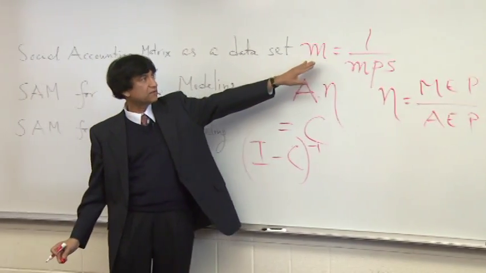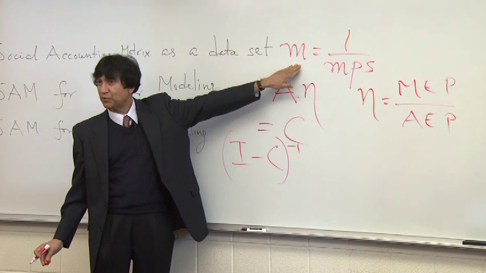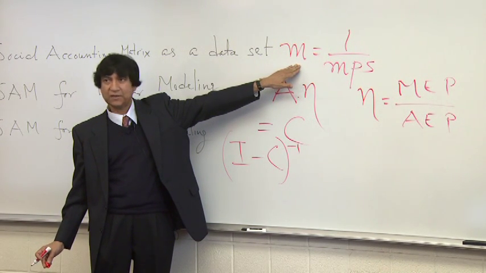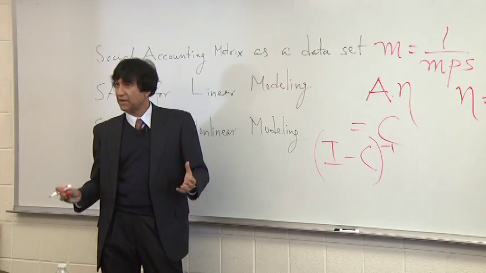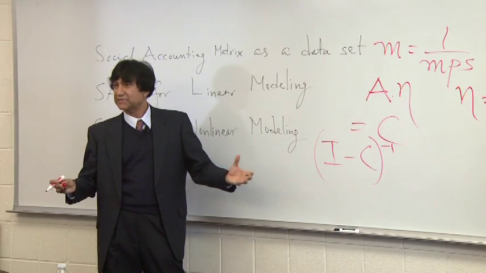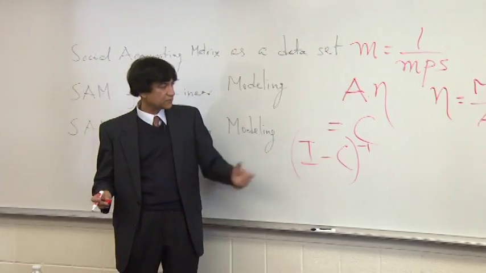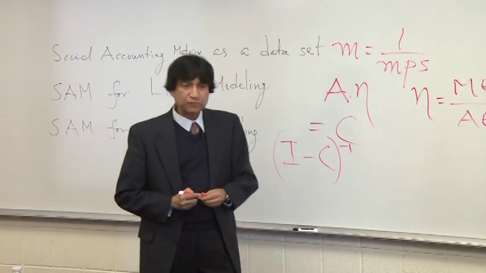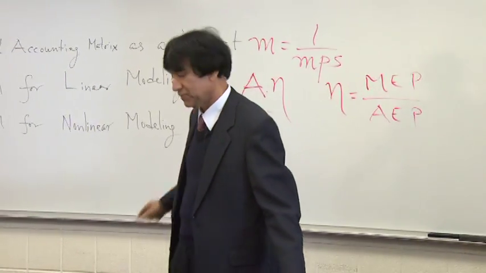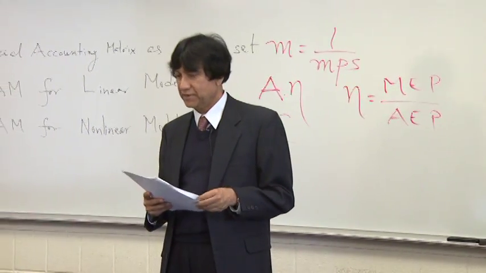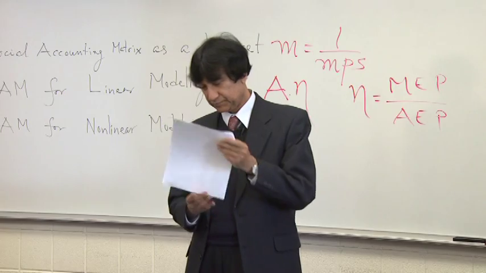Here you can see that this is also an inverse, but this is a simple inverse in ordinary algebra. Here it's a more complicated inverse, but the idea is the same. It's an inverse in matrix algebra. Okay? I minus C inverse. And those multipliers that you saw really came from this matrix, this huge inverted matrix.